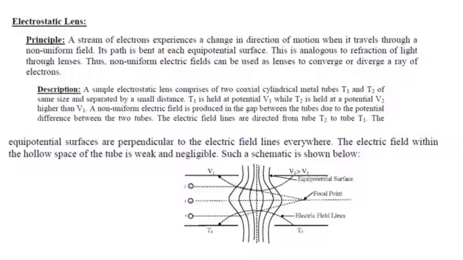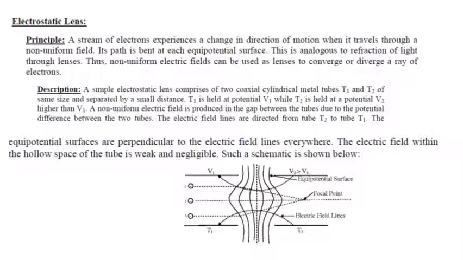So there is a shape of a convex lens. The scheme is shown here. We have V1 and V2, and equipotentials are shown here in the shape of a convex lens. Electric field lines are already shown here, and equipotential surfaces are perpendicular to the electric field.